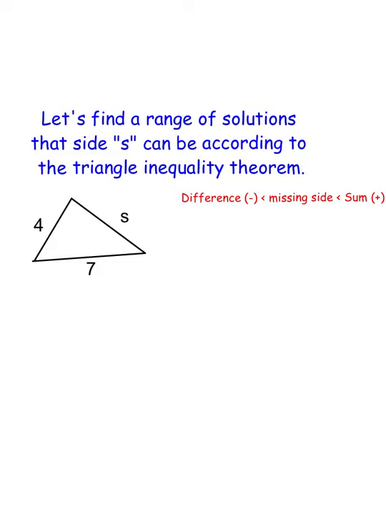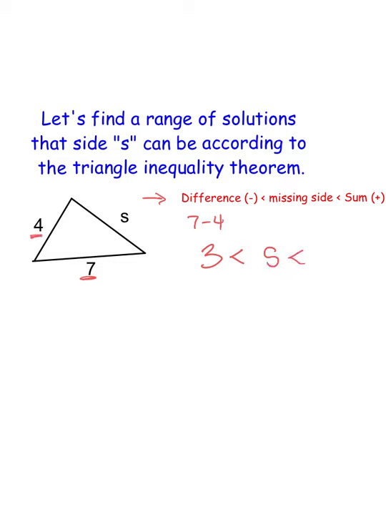So it says, let's find a range of solutions that side S can be according to the triangle inequality theorem. So again, our rule is written right here. So we're going to take the difference. I take the two given sides, and here I'm going to do 7 minus 4. That gives me 3. The missing side, S, and then over here it says the sum.